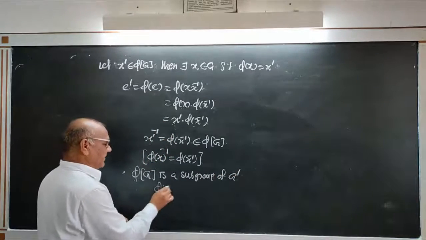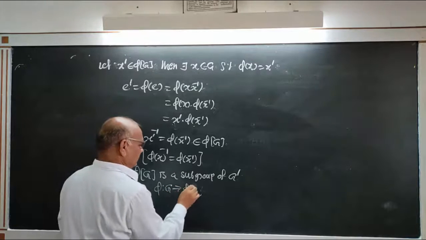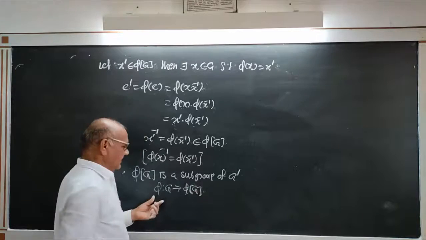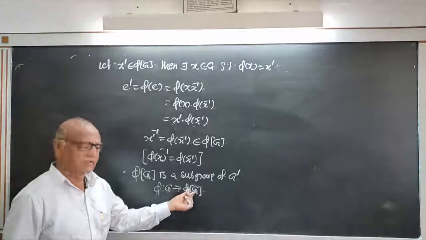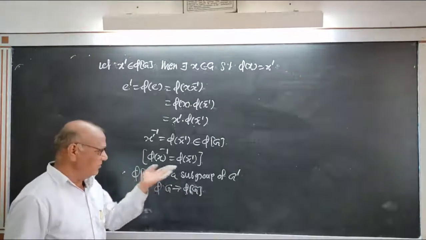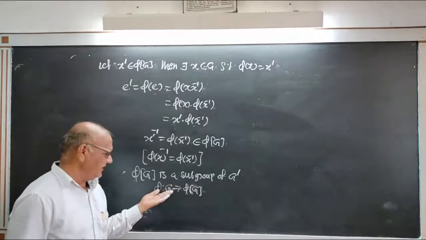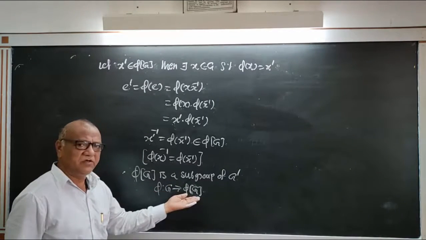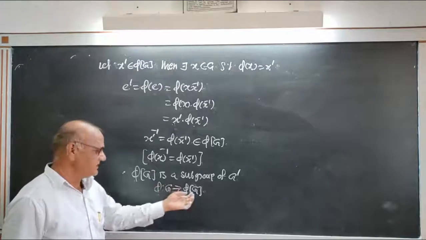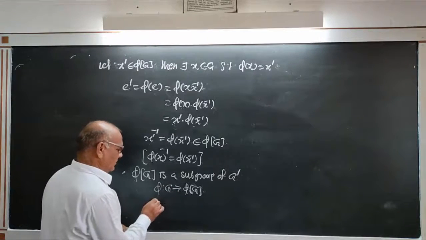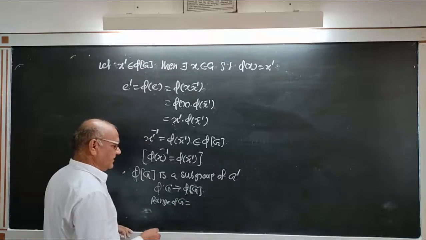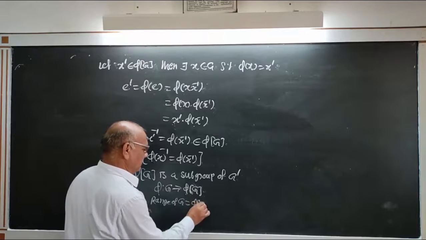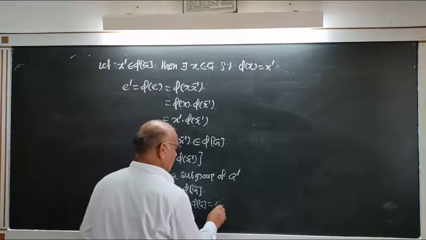Now phi is a mapping from G to phi of G. Here phi is a one-to-one homomorphism, and clearly the range of G is equal to phi of G, which is the codomain.